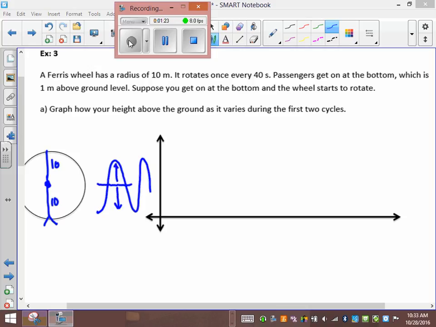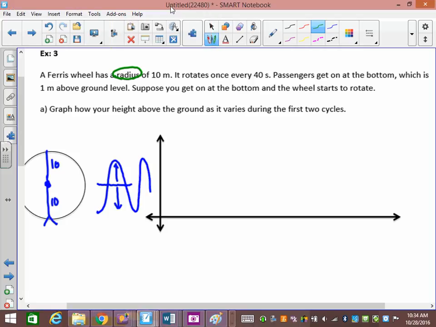What's another way of saying that? Amplitude. So, might want to write this on your formula sheet if you're going to forget this. Like, remember, 1 revolution means a period. Radius is the same as the amplitude. And the amplitude gets you the A value, right? We don't know if it's positive or negative, but it gets us an A value nonetheless.